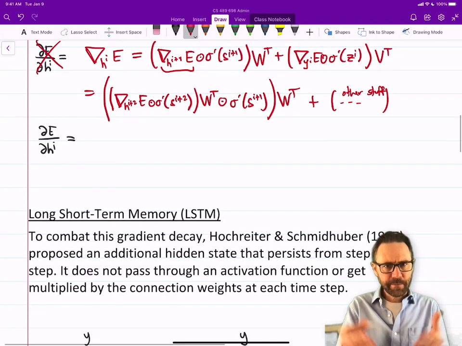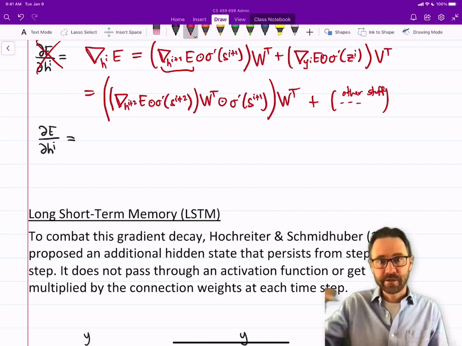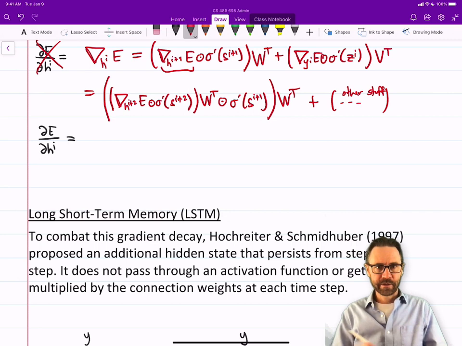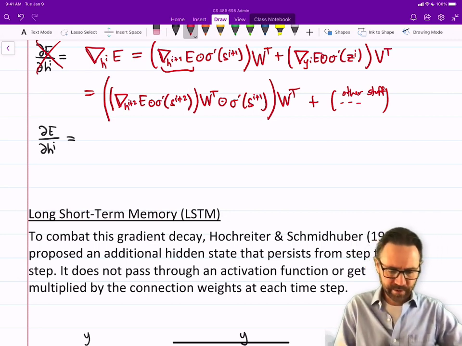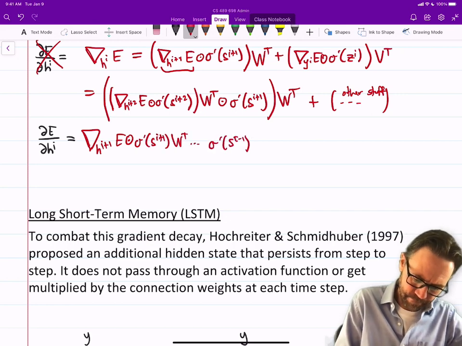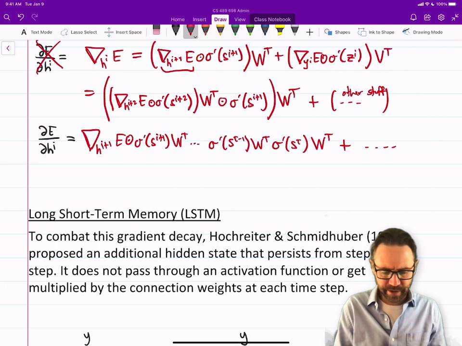So if I continue that process and unpack all those gradients of E with respect to the different H_i's all the way up to the end of the unrolling sequence, the leading term will look like this. There are a whole bunch of different products here.